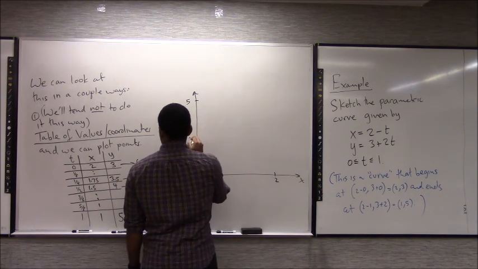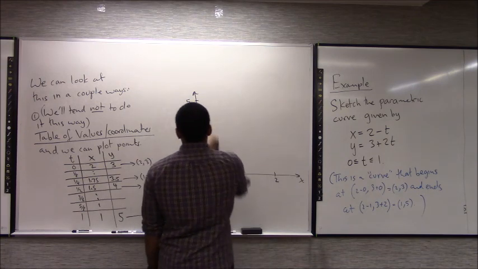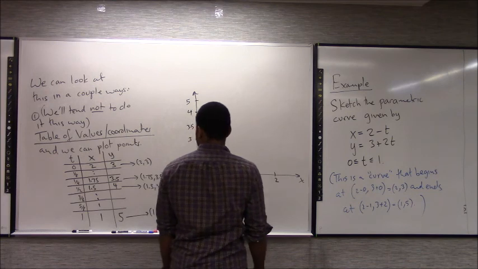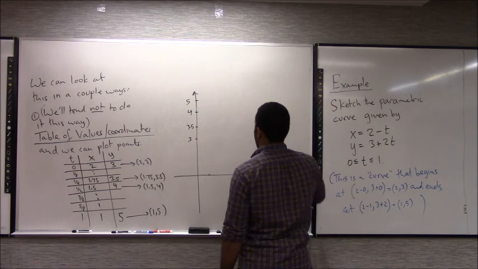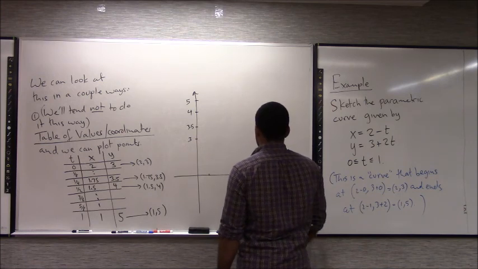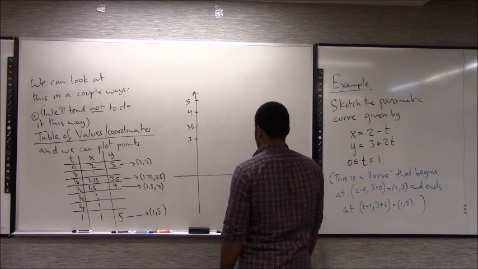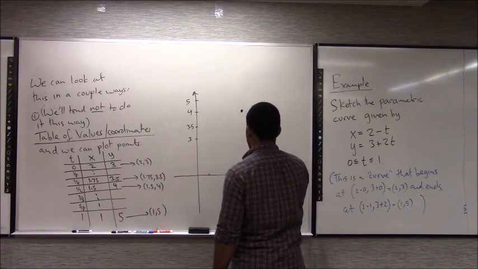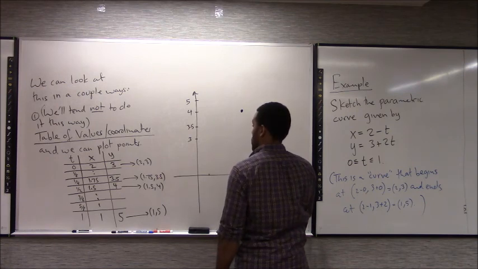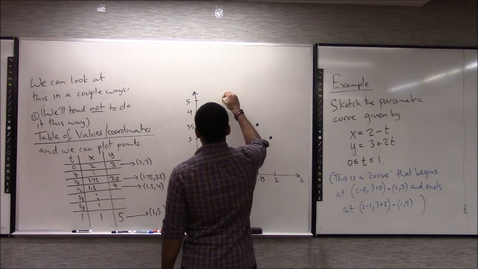Say that's 3 here, 3.5, 4. So 2 would go with 3. 1.75 would go with 3.5. 1.5 would go with 4. And 1 would go with 5.